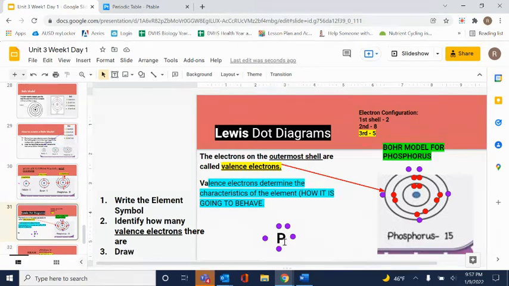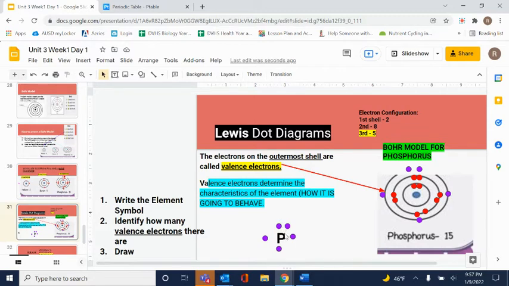So if I wanted to connect phosphorus to nitrogen, or carbon, or oxygen, or anything else, I can only use the valence electrons to connect to another element. So that's why we always identify the valence electrons for an element, because that's going to tell us how that element is going to behave.